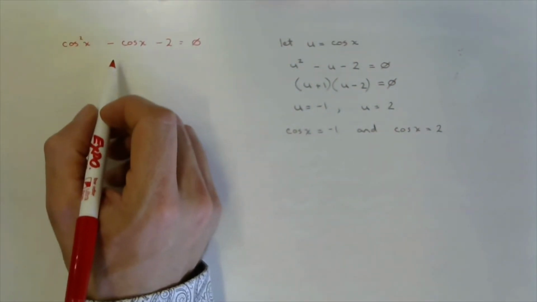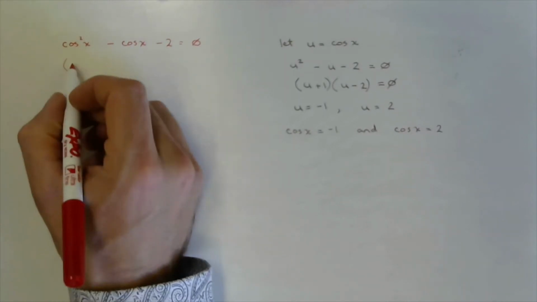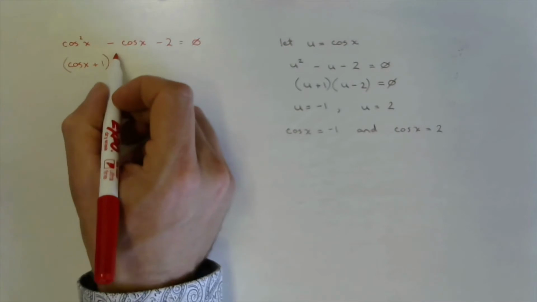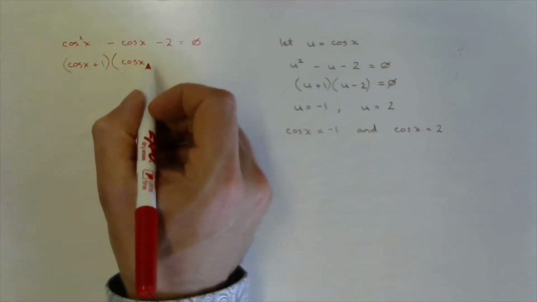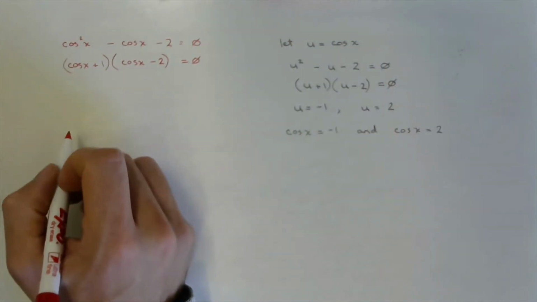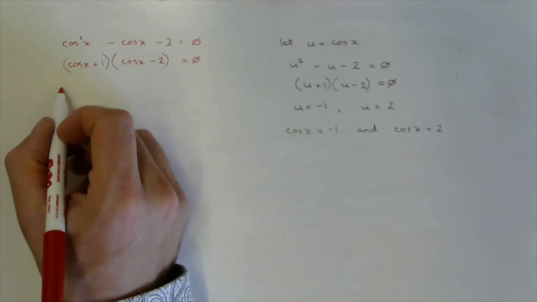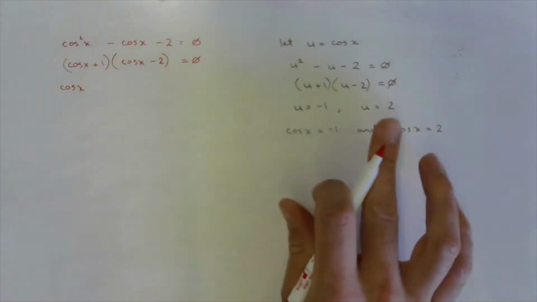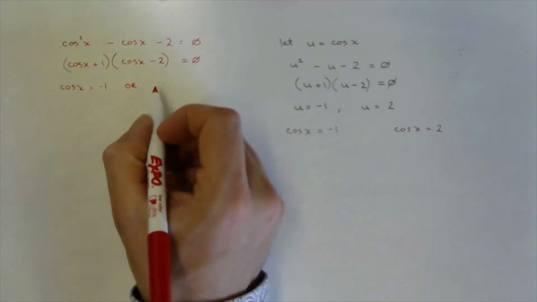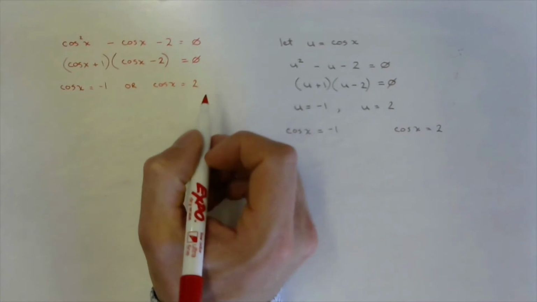At any rate, you're going to have two factors. First factor is going to be the cos of x plus 1. Second factor is the cos of x minus 2 equals 0, which tells us that we have the cos of x equals -1, or the cos of x equals 2.